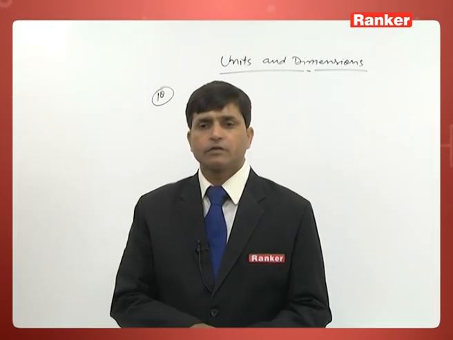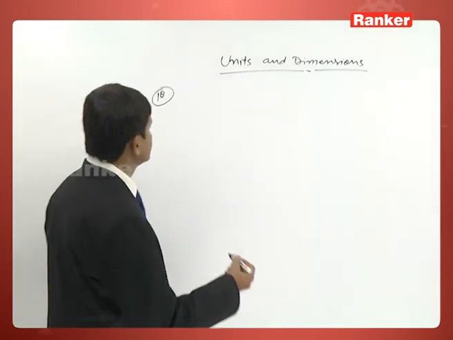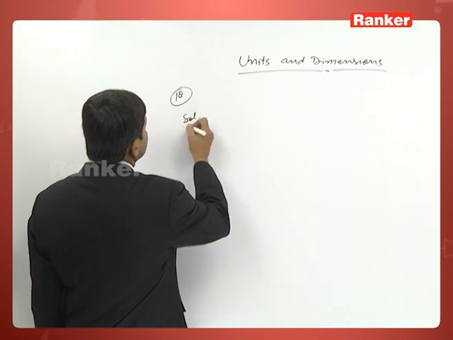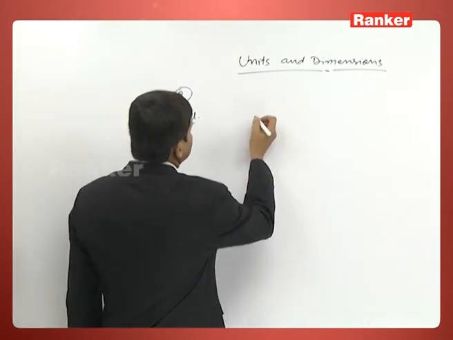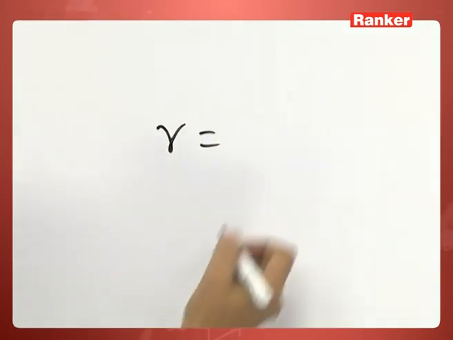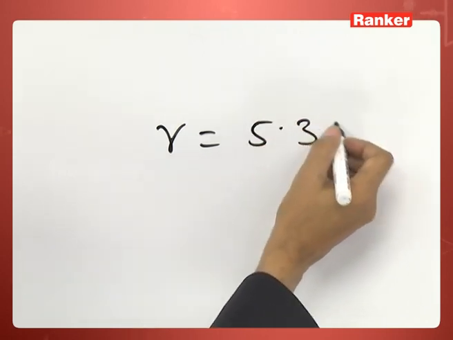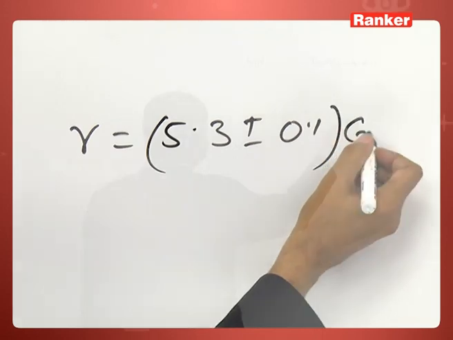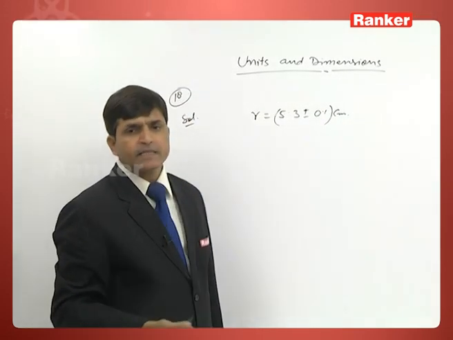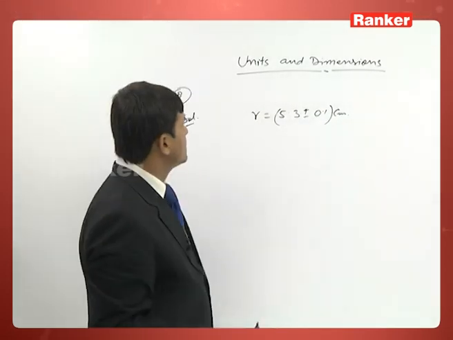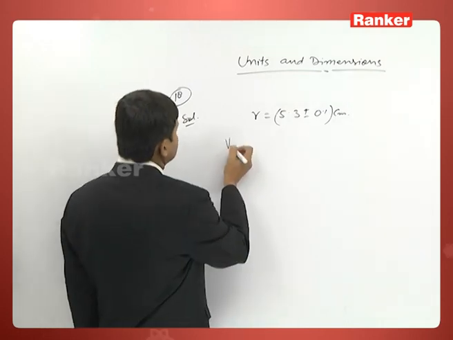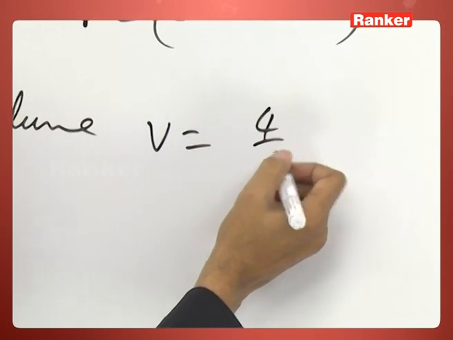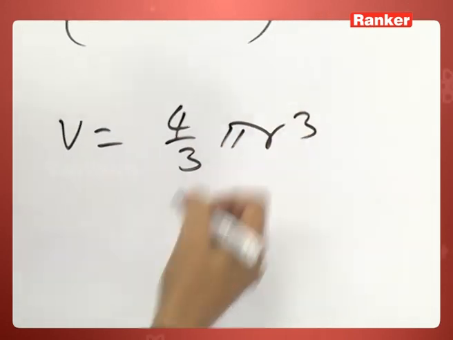Check how to solve this problem here. In this question, the radius of the sphere is given as 5.3 plus minus 0.1 centimeter. This is the radius given. As we know, the volume V is 4 by 3 pi r cube.